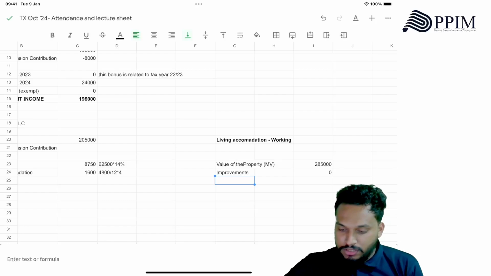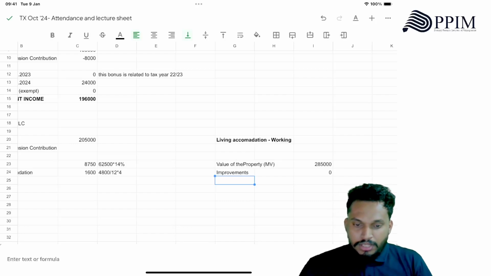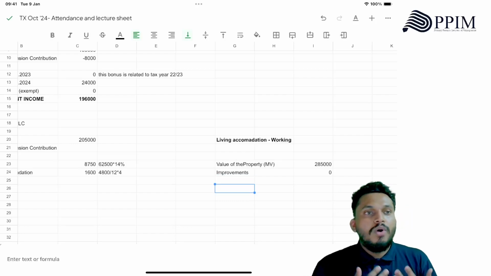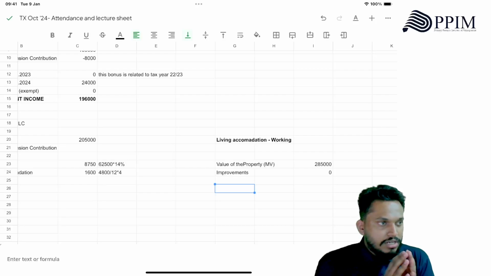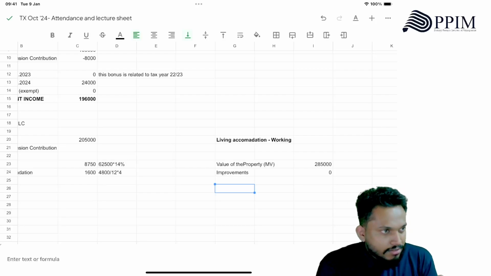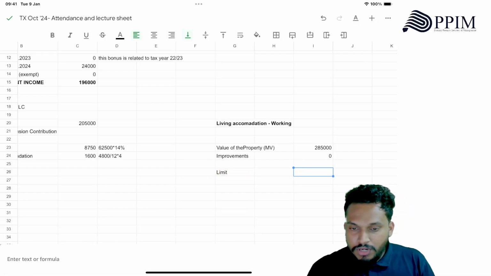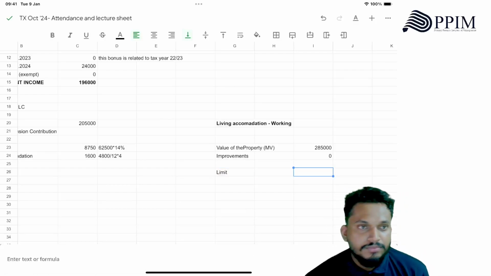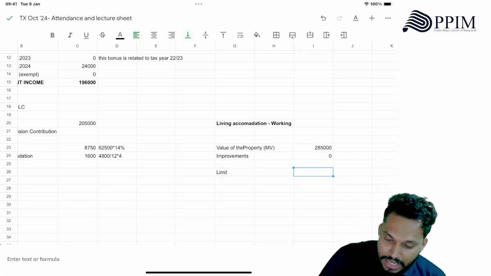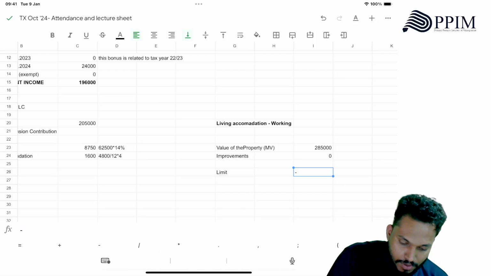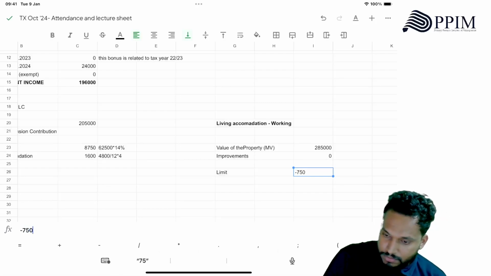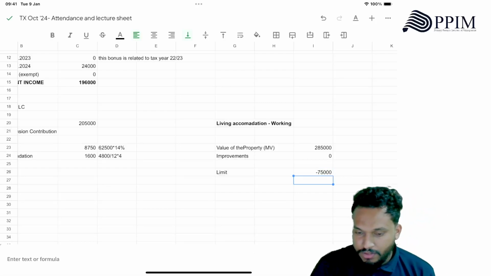Now I'll ask you another question. There is a limit which is provided to you which will be tax free. So what is that limit? For living accommodation, it is 75. How much? 75,000.